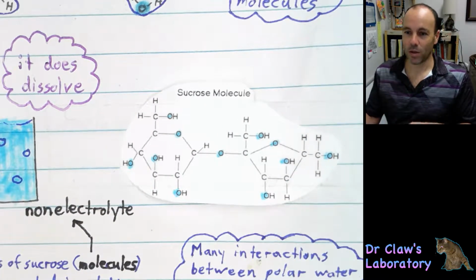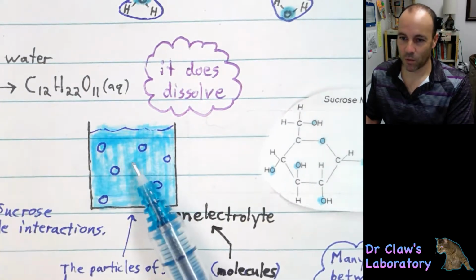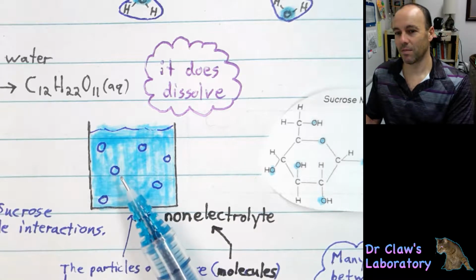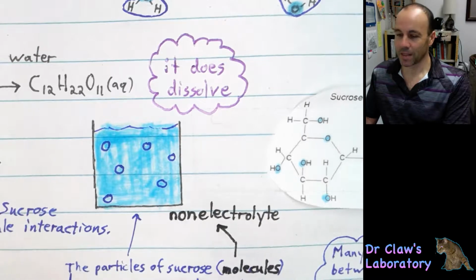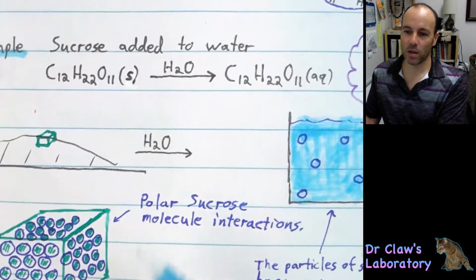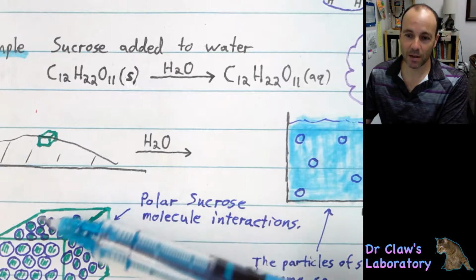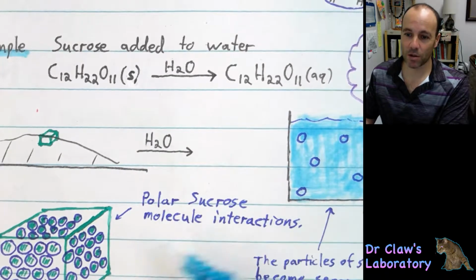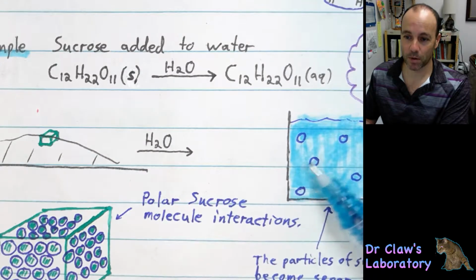And once it's pulled away from the crystal, all of a sudden you have water molecules all the way around it, and it's stabilized in solution. So again, it's a competition between the interactions of the solid particles among themselves versus the interactions between the solid particles and the water particles.